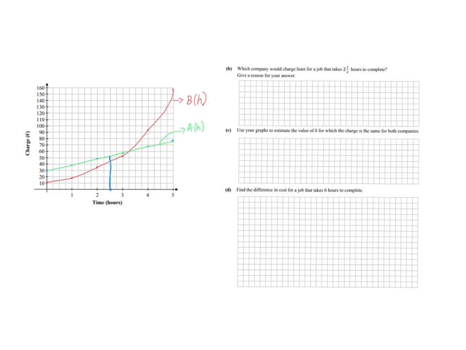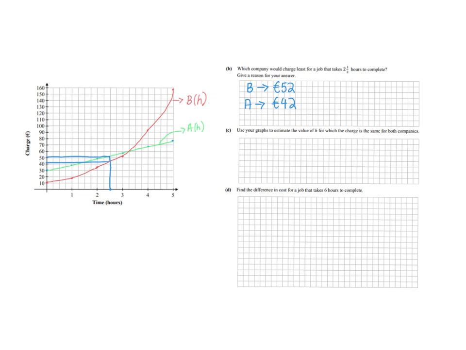So for the green graph, go across, and for the red graph, go across there. So what we could say for B, they will charge approximately €52, and for A, they will charge approximately €42.